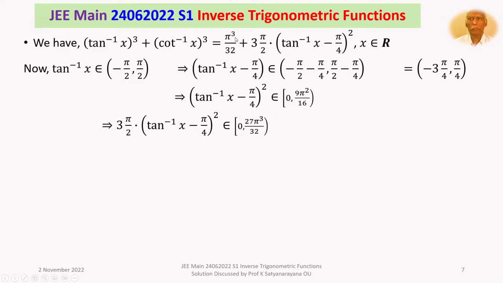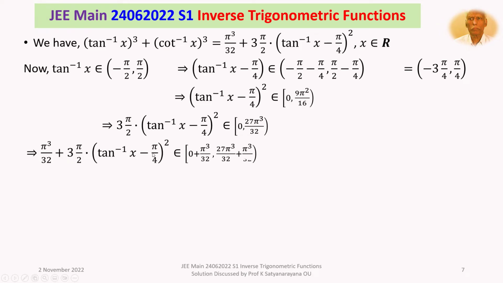Now add pi cube by 32. So you will get this one. So pi cube by 32 plus 3 pi by 2 into tan inverse x minus pi by 4 whole square will belong to 0 plus pi cube by 32 comma 27 pi cube by 32 plus pi cube by 32. When simplified, you will get pi cube by 32 comma 28 pi cube by 32.